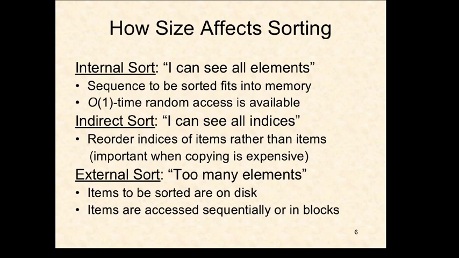In an indirect sort, and Professor Darden looked at index sorting in a previous lecture, how to use the STL to produce an index sort, we would reorder the indices, or we could also do it with pointers.